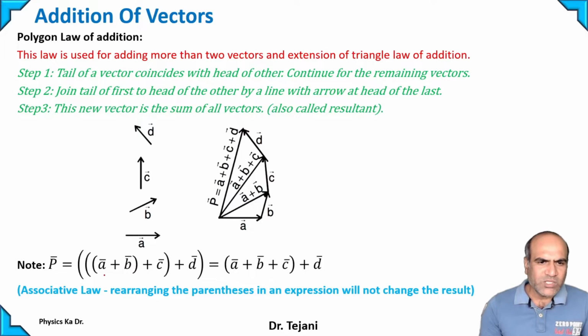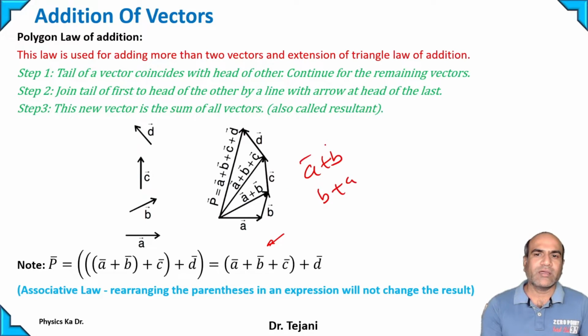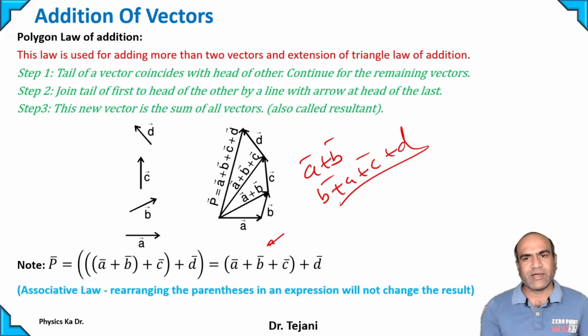So ultimately P is equal to A plus B plus C, right? Whatever way you rearrange, the answer is similar. So it is also known as the associative law, that means rearranging of position. You can write A plus B or B plus A plus C plus D, however you arrange it, the answer remains similar.